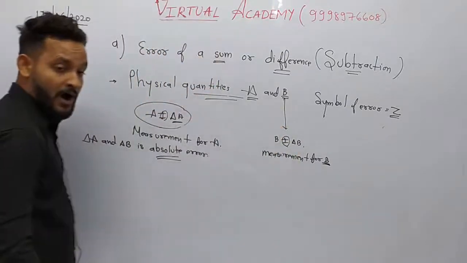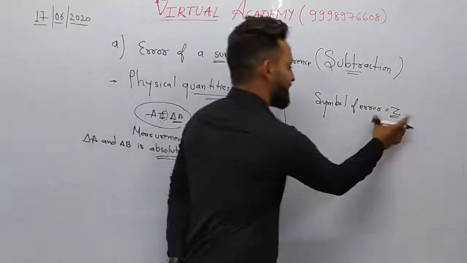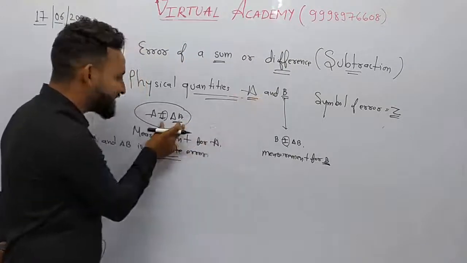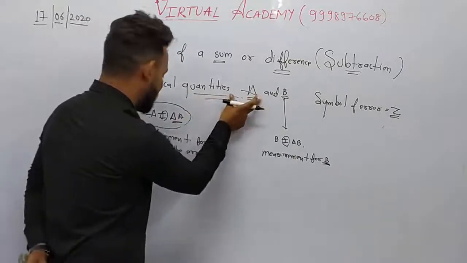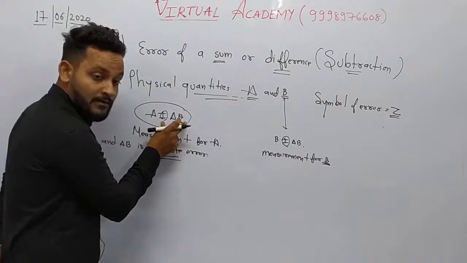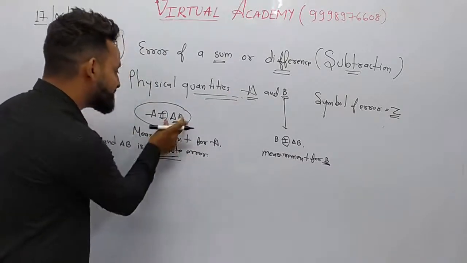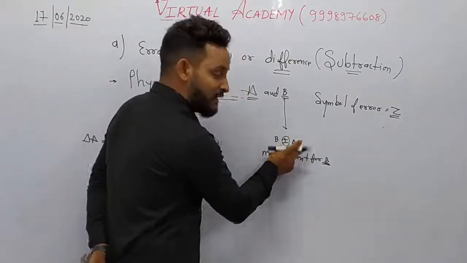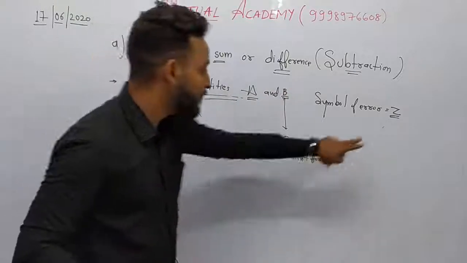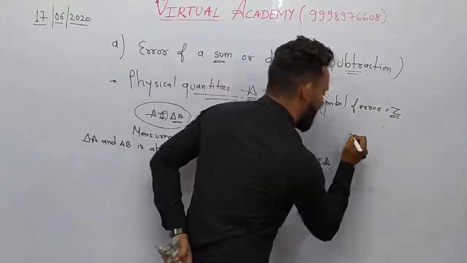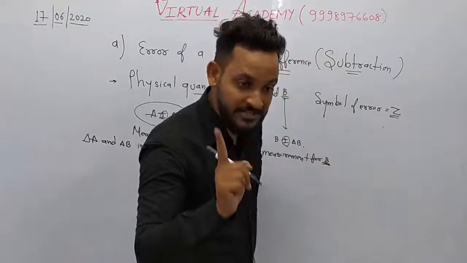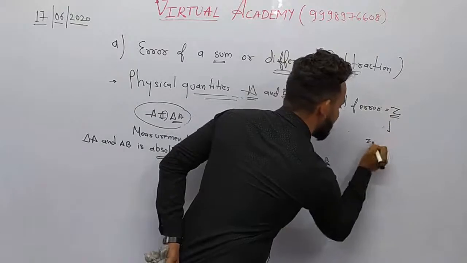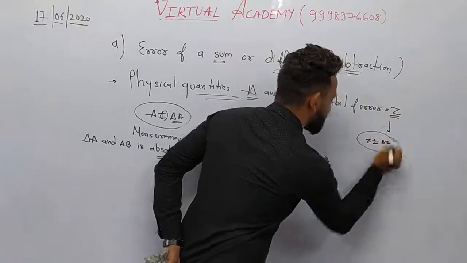Clear? Now how do we add error in terms of Z? If there is a physical quantity A and an error in its measurement, we are adding the absolute error, plus minus delta A. In terms of B, we are adding plus minus delta B. Same for Z. So for Z, the error is Z plus minus delta Z. Clear?